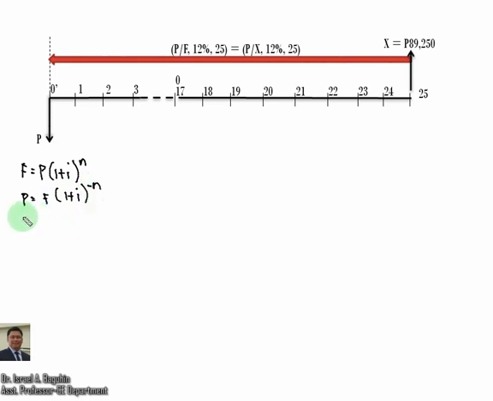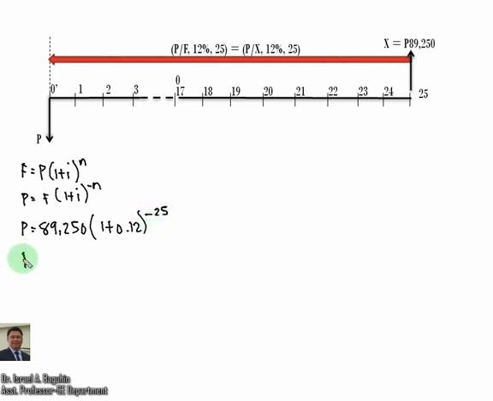So our P here is equal to F, which is 89,250, times 1 plus 0.12 raised to the negative 25.